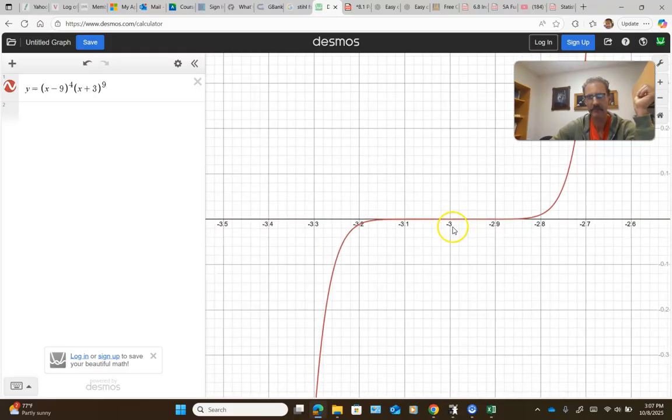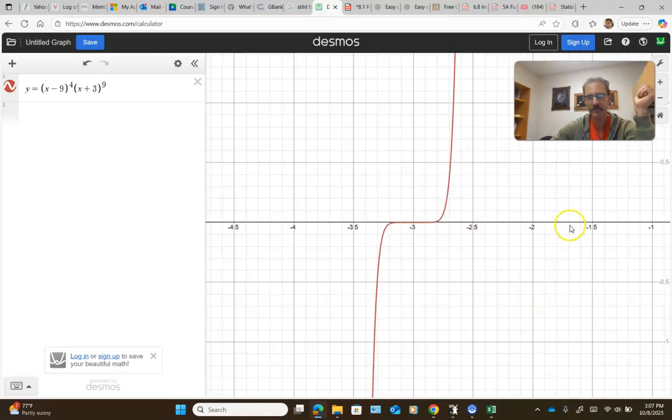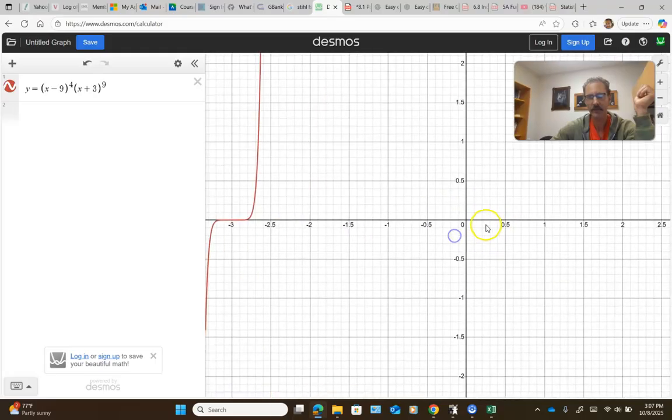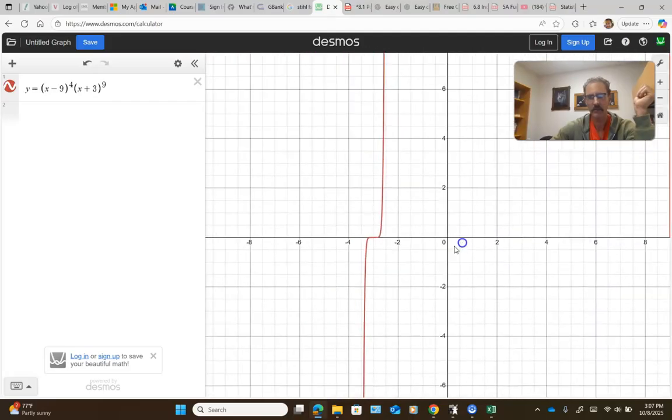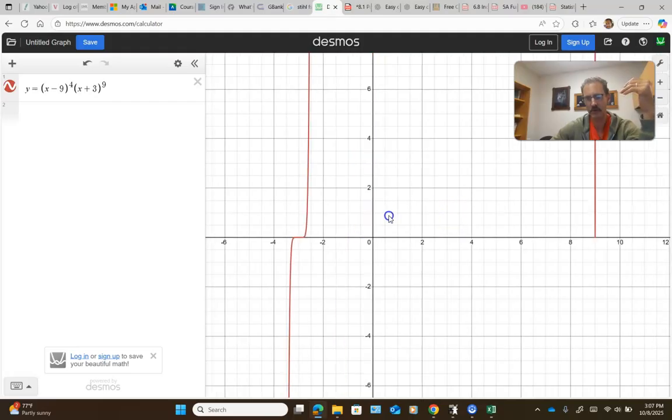But anyway, it's pretty evident it has to be crossing here, right? Because how can it go from one side of the x-axis to the other side if it's not crossing?